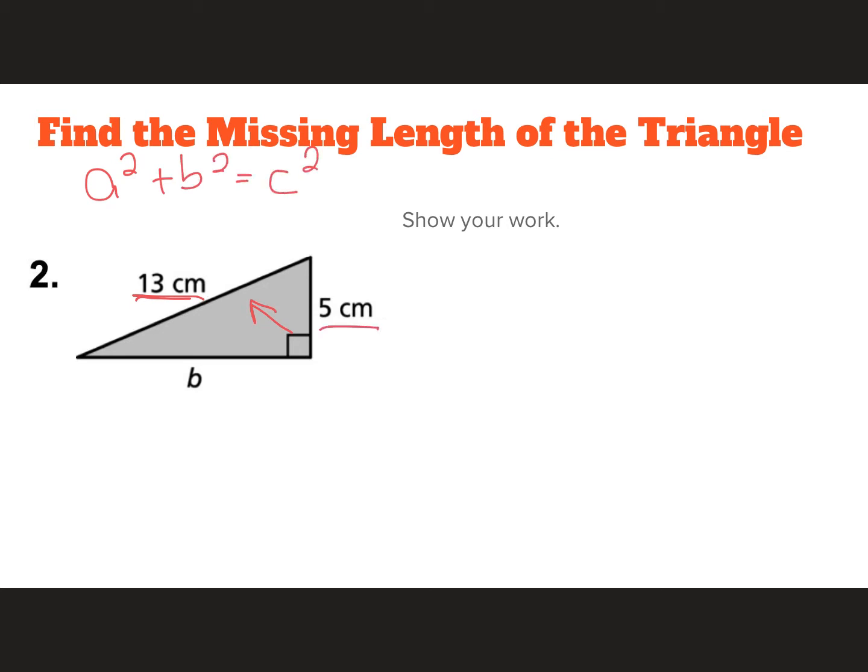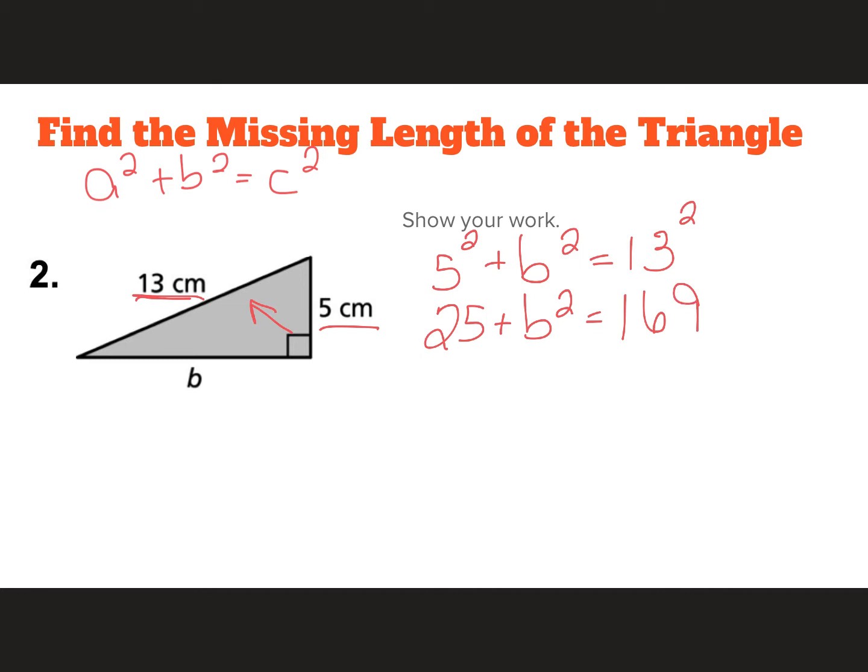I know a is 5 centimeters, so I have 5 squared plus b squared equals 13 squared. 5 squared is 25, plus b squared, which we leave alone, equals 13 squared, which is 169. Now we're going to subtract 25 from both sides.